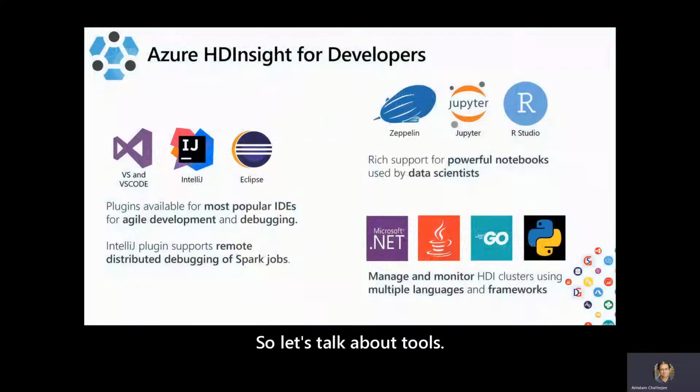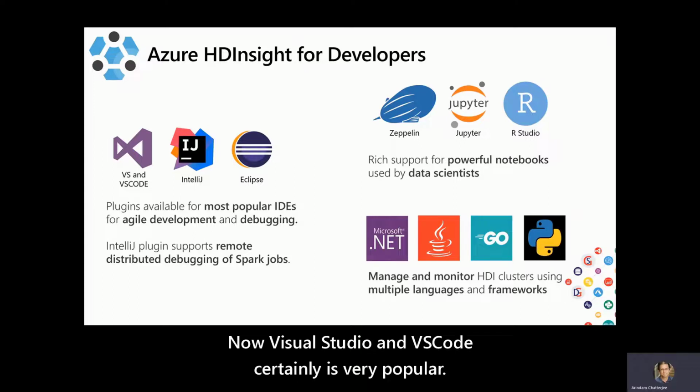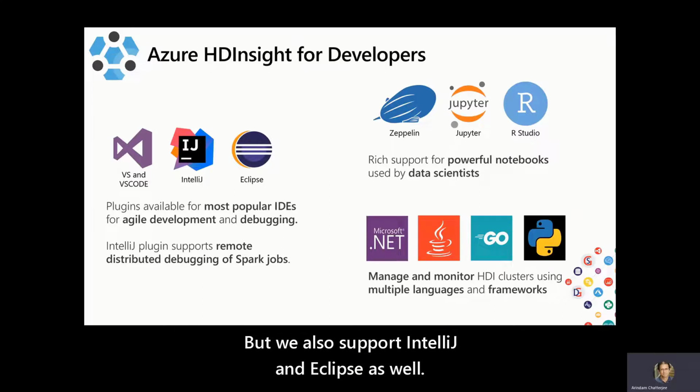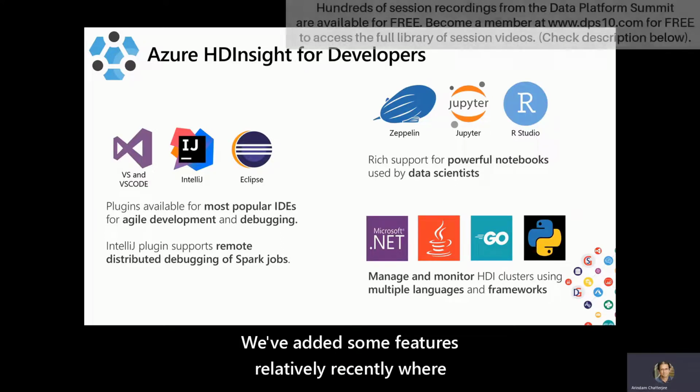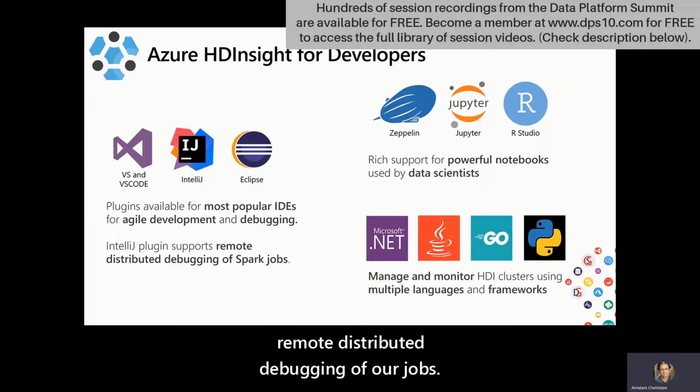All right, so let's talk about tools. HDInsight is all about developers and data scientists. So let's talk about the choice of development environments. Now, Visual Studio and VS Code certainly, it's very popular, but we also support IntelliJ and Eclipse as well. We've added some features relatively recently where the IntelliJ plugin can actually support remote distributed debugging of Spark jobs.